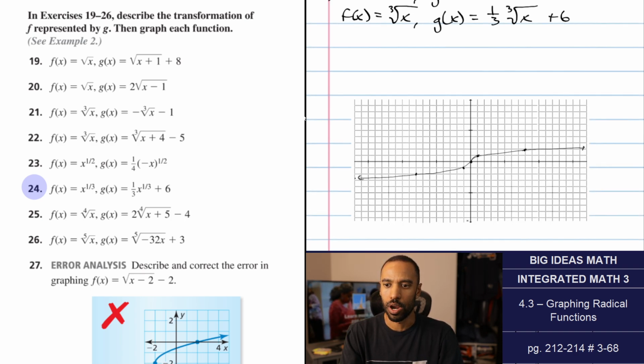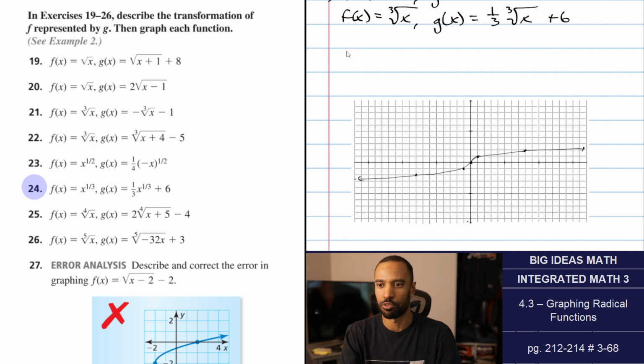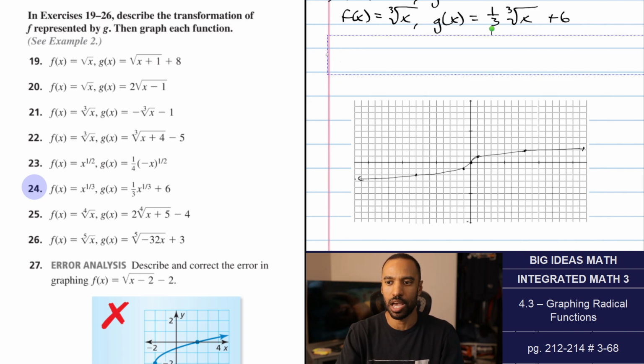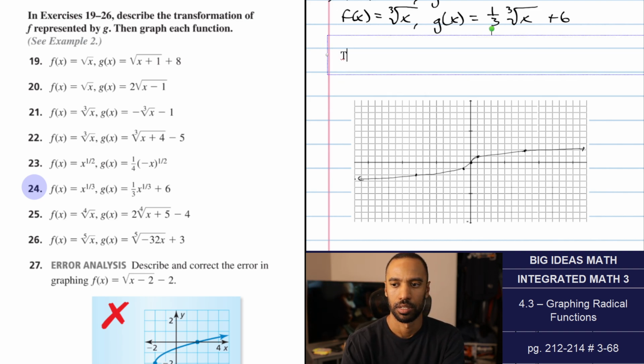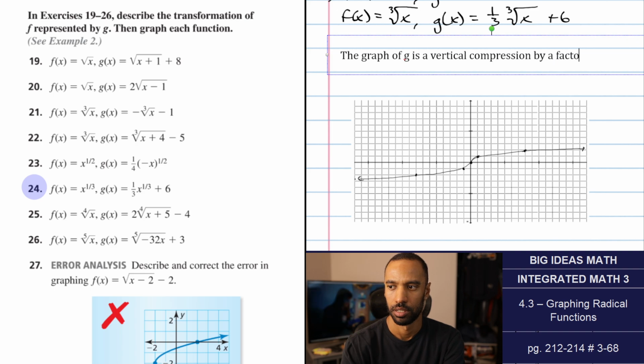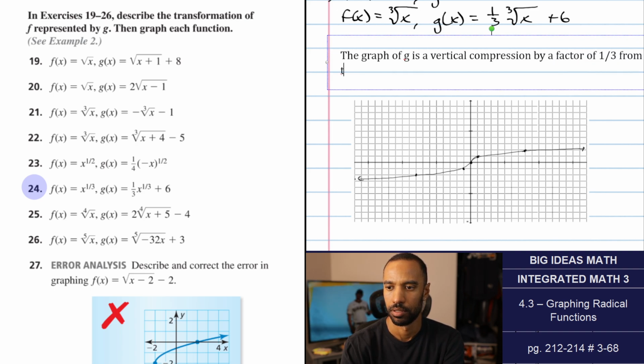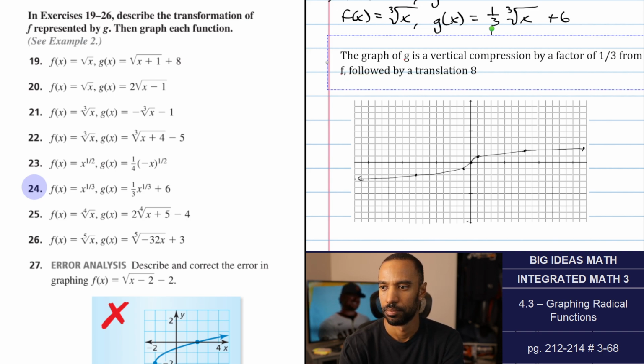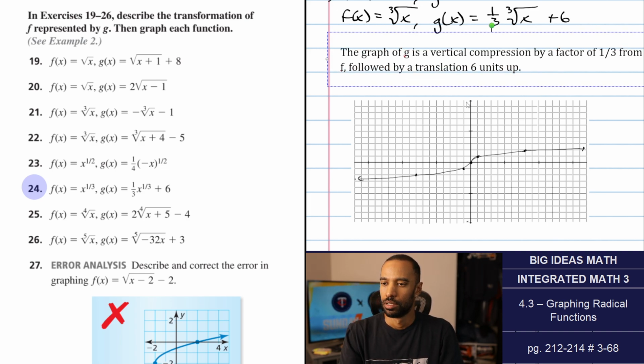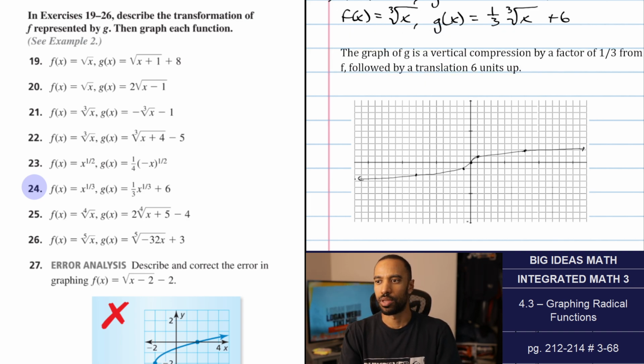We are vertically compressing by a factor of 1/3 and shifting it 6 units upward. All right, so there's the answer.